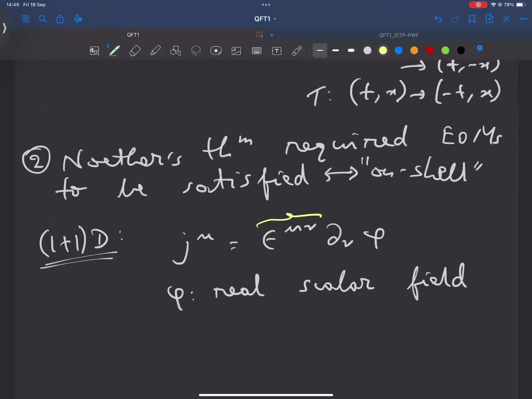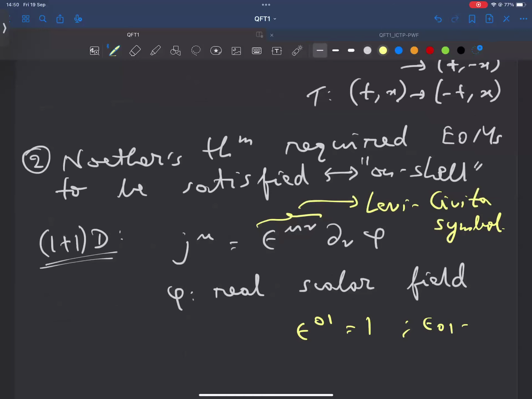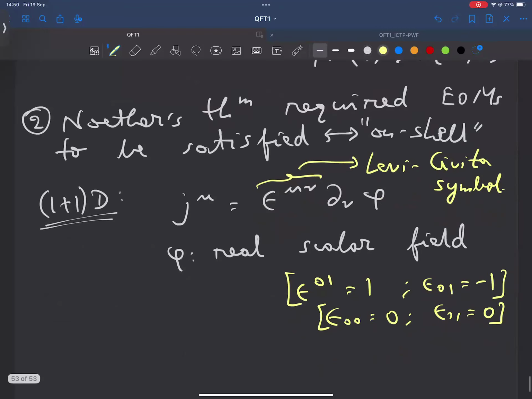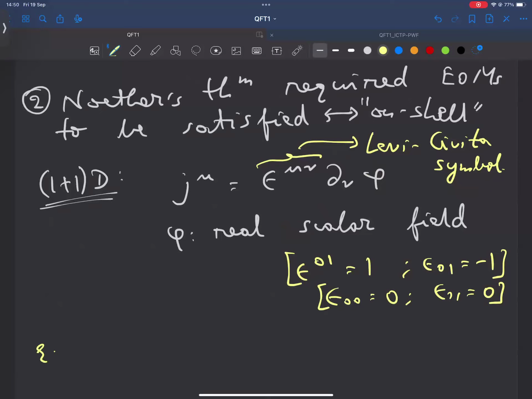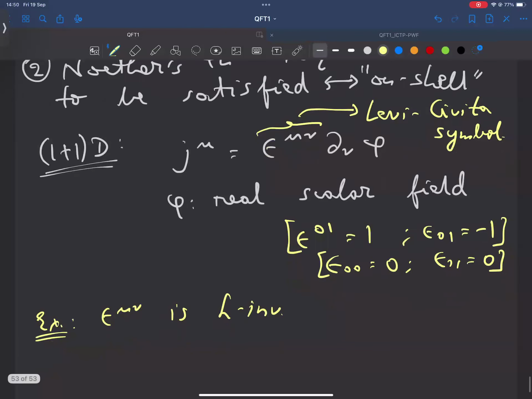From your special relativity class, you can remember this is what is called the Levi-Civita symbol. For instance, epsilon 0, 1 is 1, epsilon 0, 1 downstairs is minus 1, epsilon 0, 0 is 0, epsilon 1, 1 is 0, and so on. Also, as an exercise, you can show that this epsilon is Lorentz invariant.